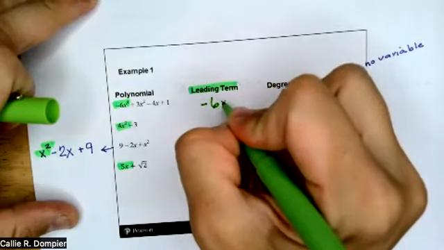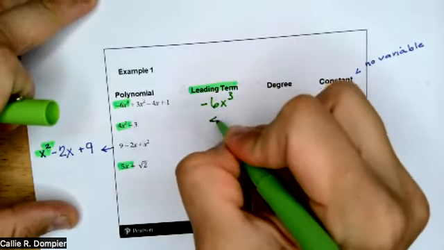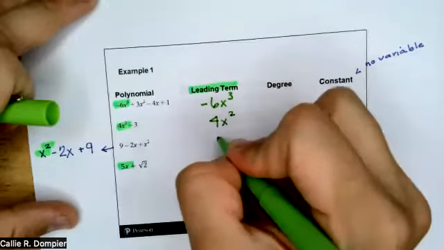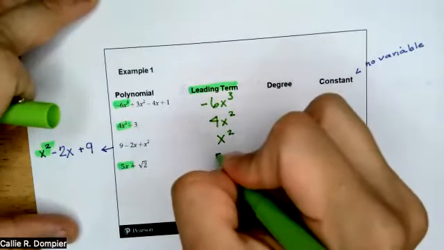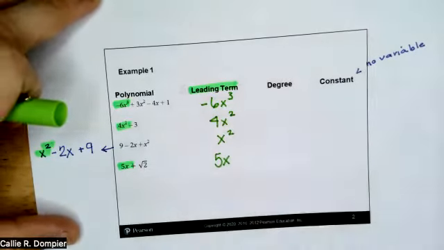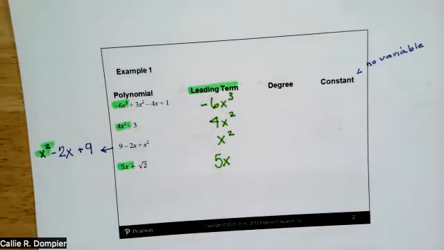Negative 6x to the 3rd, 4x squared, x squared, and then 5x. Good?